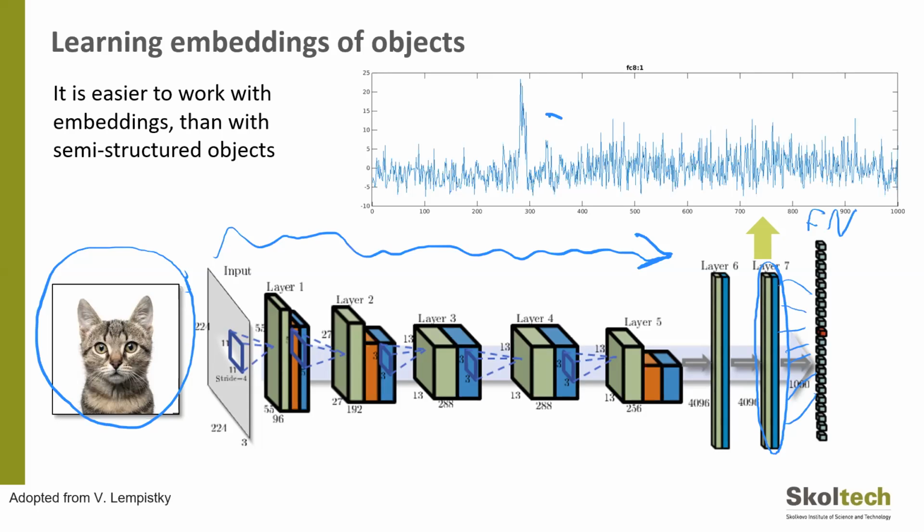These features can be used in many other settings. You can, for example, calculate distances between figures, and even if you use Euclidean distance, it can work quite well. So we have some evidence that we can try to learn embeddings for complex semi-structured data with neural networks.